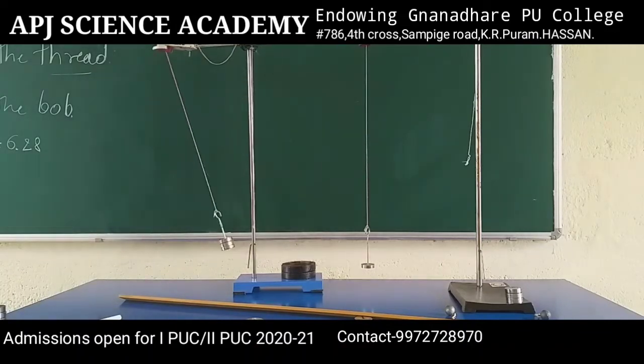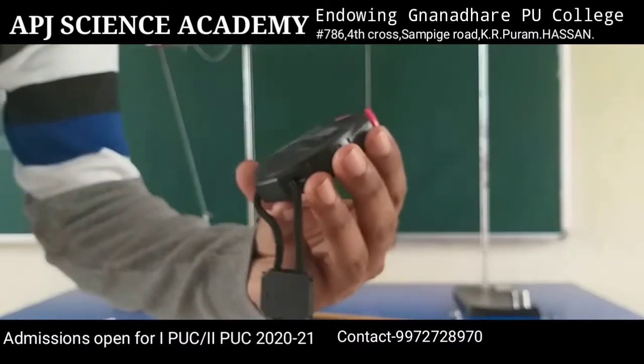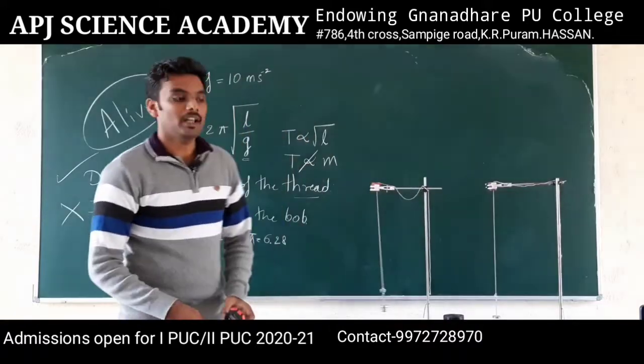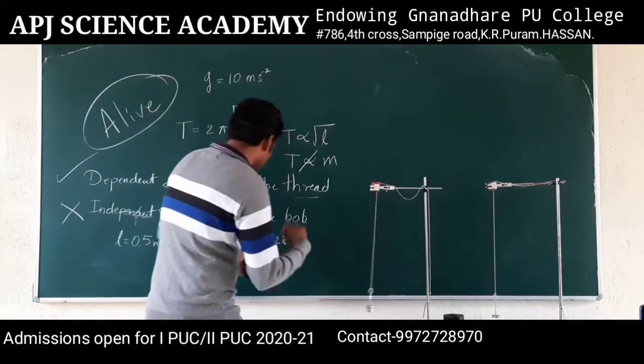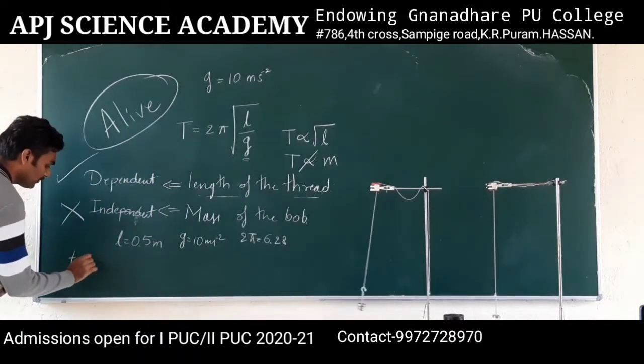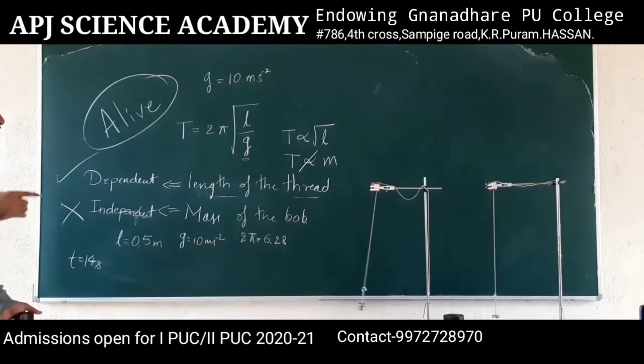So the time taken, as you can see, is 13.97 seconds, which is close to 14 seconds. So the time taken is 14 seconds, but what we need is the time period.